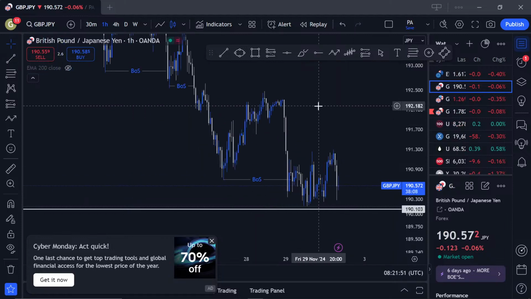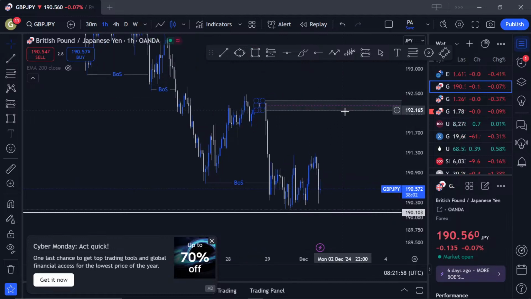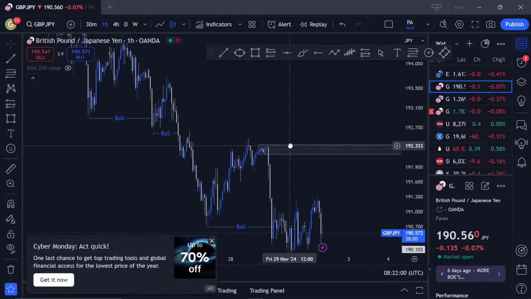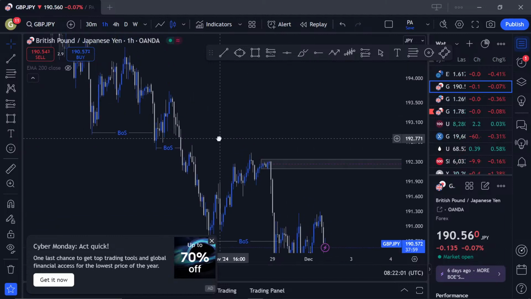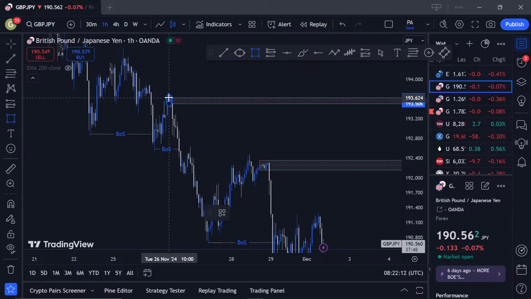So basically, looking at GBP JPY, we have an interest to sell from this level, which is the 192.132 level. Another sell interest. Another sell interest is probably at this area right here.